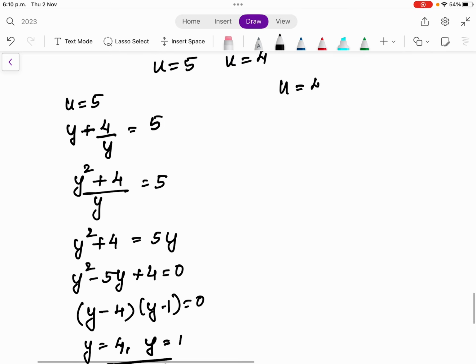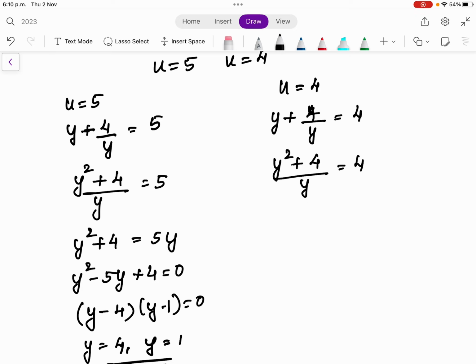Now I need to go with the second value, u is equal to 4. Same method I will use. y plus 4 by y is equal to 4. Y square plus 4 over y is equal to 4. Y square plus 4 is equal to 4y. Y square minus 4y plus 4 is equal to 0.